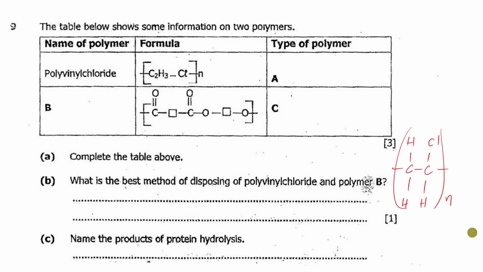Now they like twisting these things. So they just decided to write C2, then they write this H3, 1, 2, 3, with the bonds there, like that. Then they put N, N meaning repeating unit.